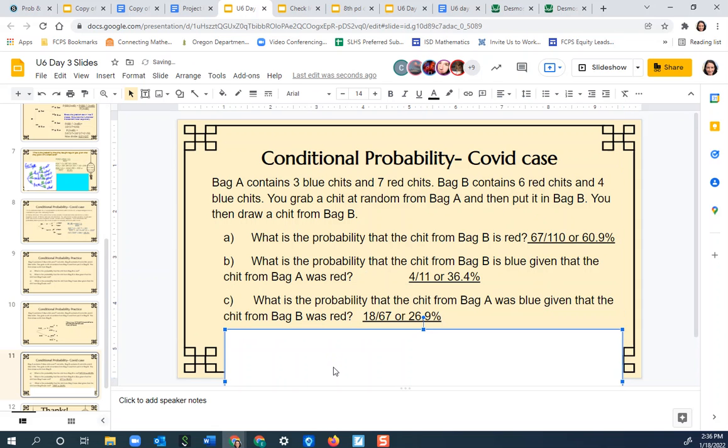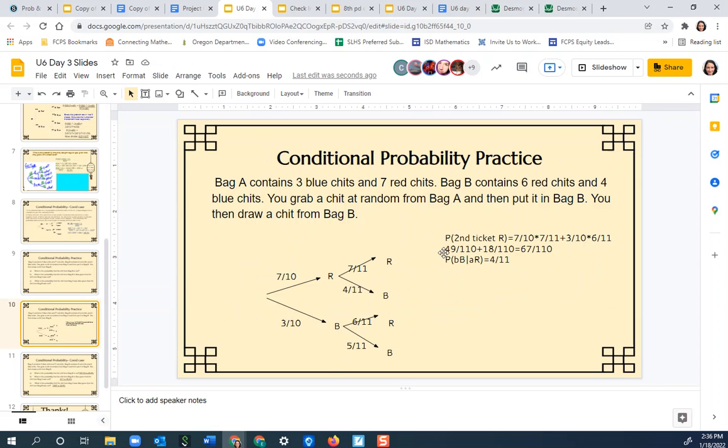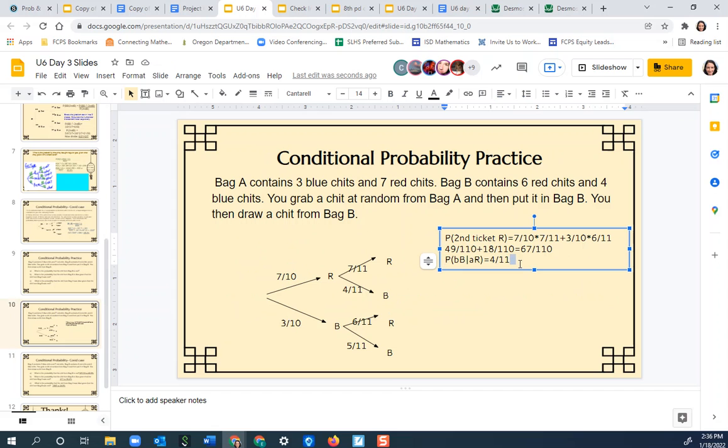All right, and then the last one says the probability that A was blue given that B was red. And this one we do need the formula. So A is blue given that B is red. Okay. So I know that B is red, but I don't know what A is, so I'm going to have to do the whole thing here.